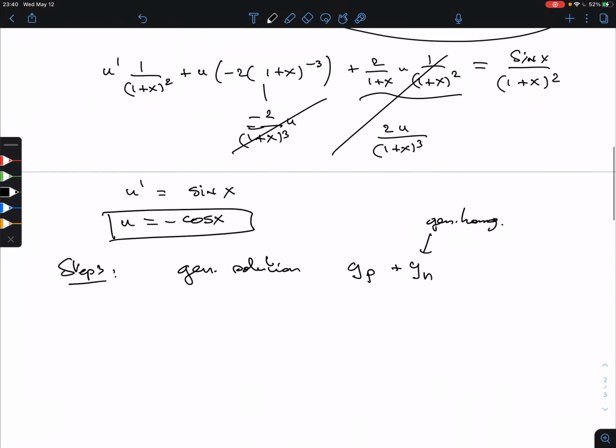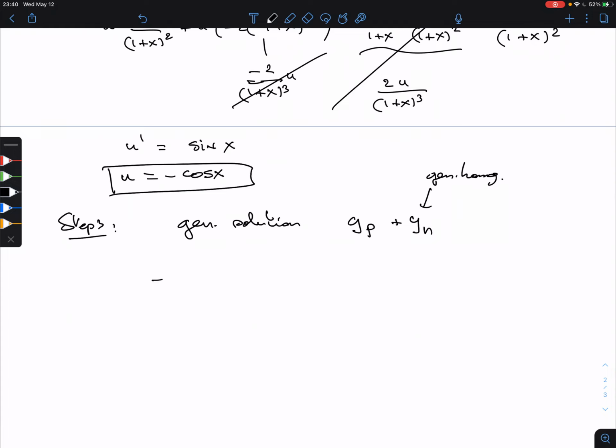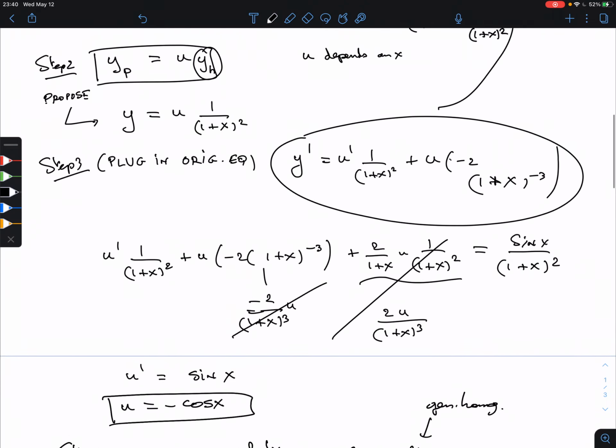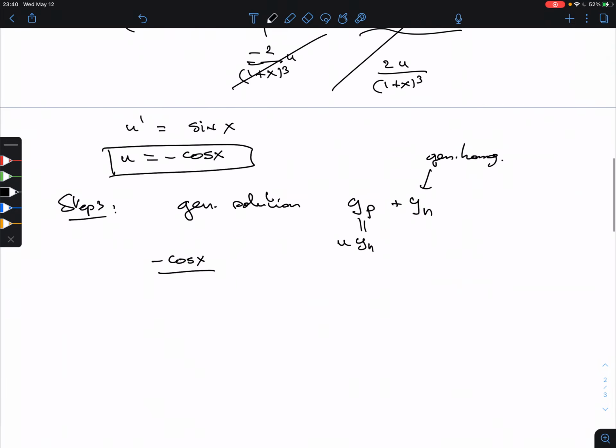Okay, so now this is what I have to put together. So I get minus cosine x. What is yp? Remember, it's u times yh, the special one that I chose here. So it is this one. There is also a 1 plus x squared that comes here. Don't forget that part.